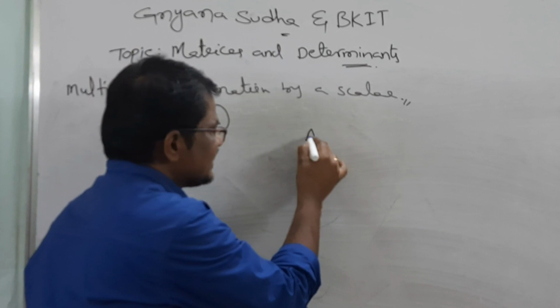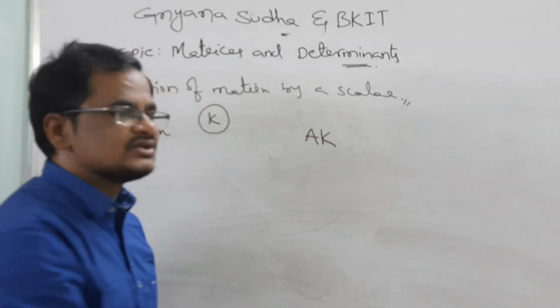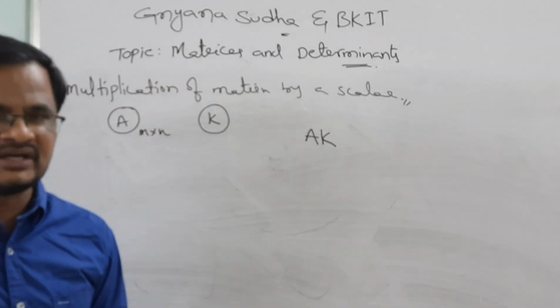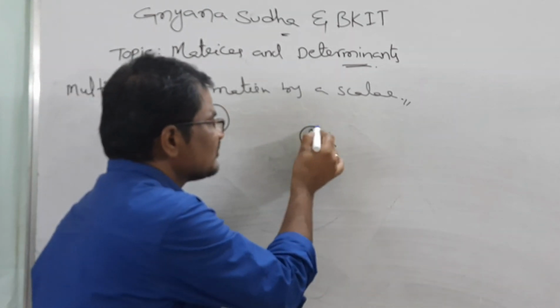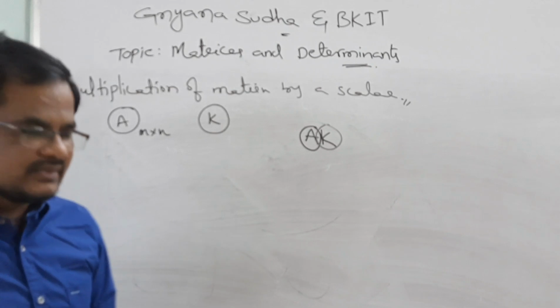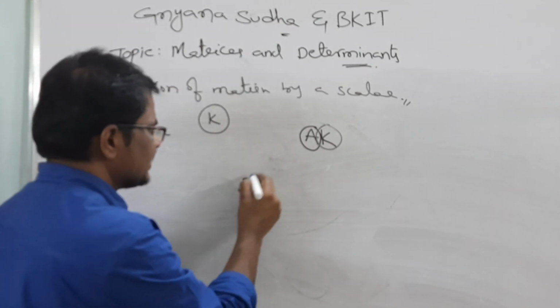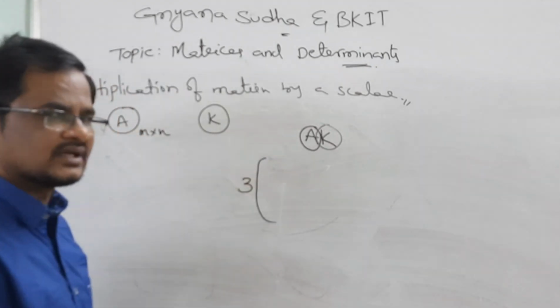Then KA is also a matrix, obtained by multiplying each and every element of A by K. That's it. With one example you will get the idea.